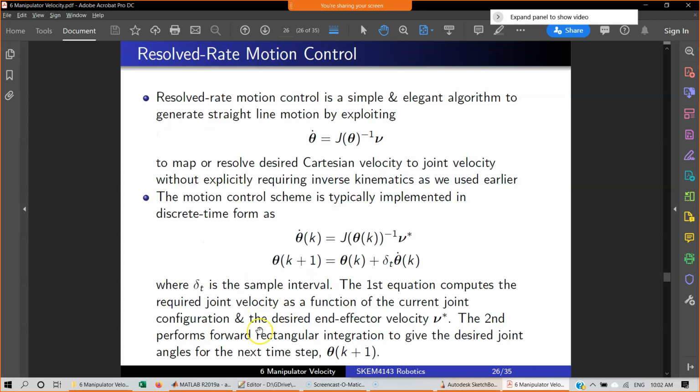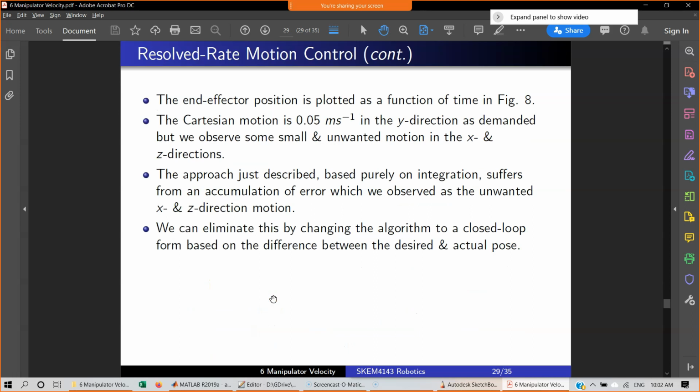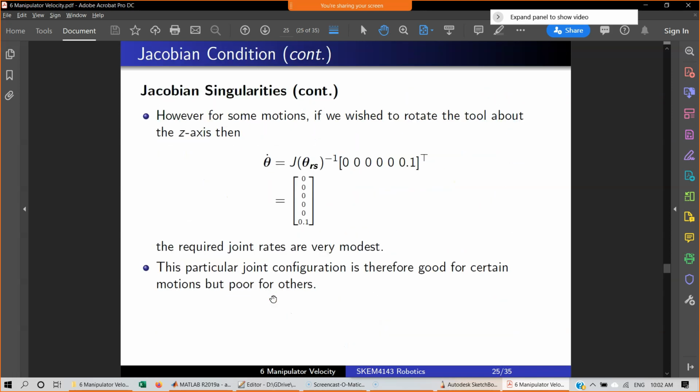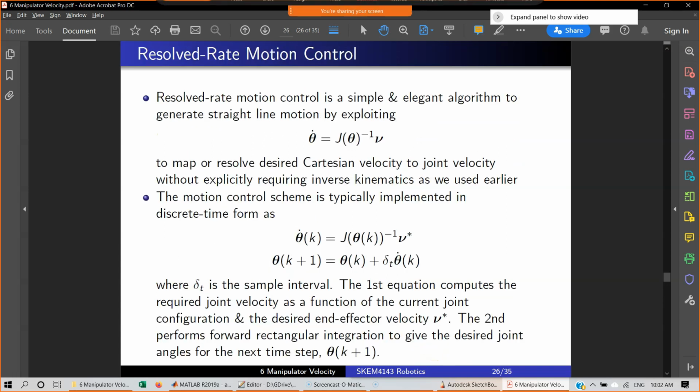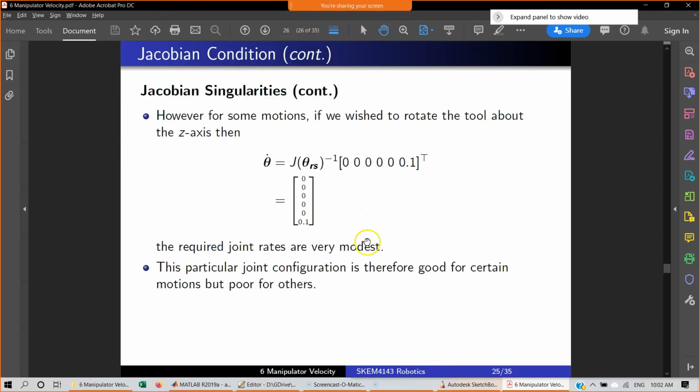All right. So I think that's all for today. I want you to try to understand first what we have learned so far before I move on to the next topic, resolved rate motion control, because or else it'll be too much for you to digest in one session.